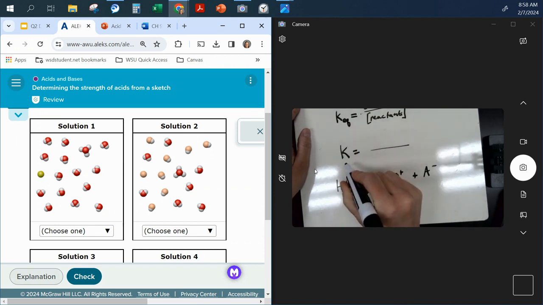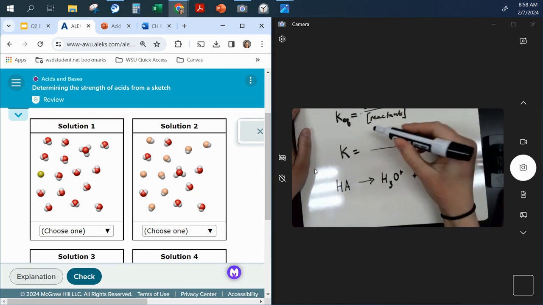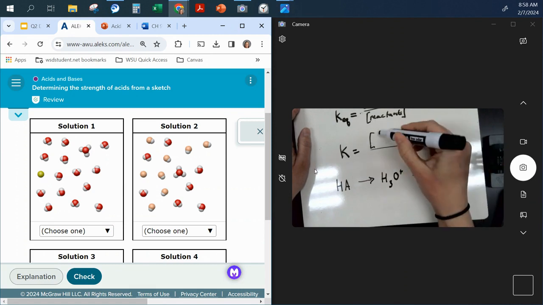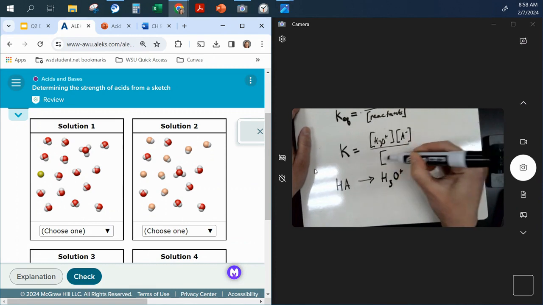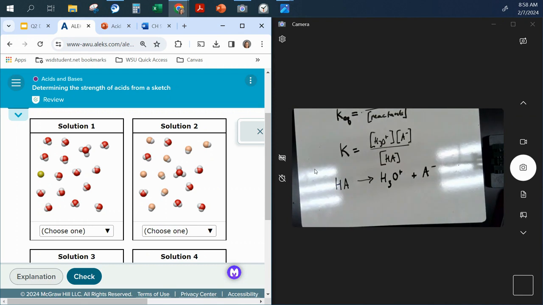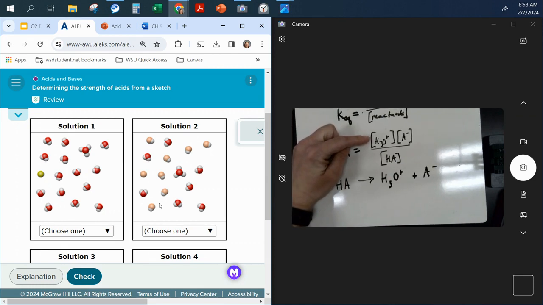In our acid equilibrium expression, we're going to be looking at the products, which are H3O plus and the conjugate base, and then we're going to look at the original acid. So we're going to go through these 4 solutions and count how many products and how many reactants.